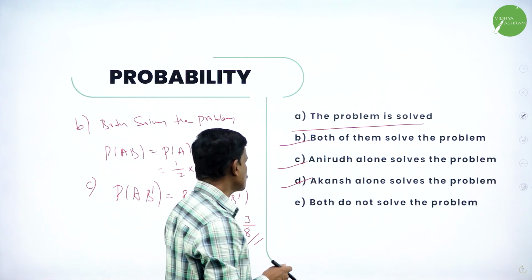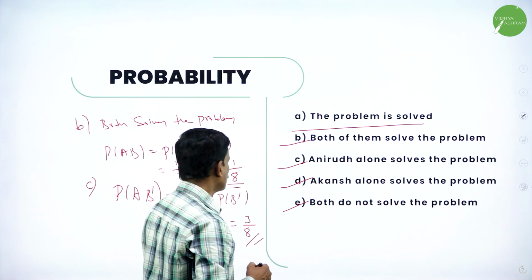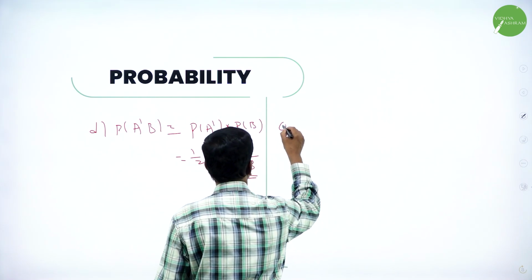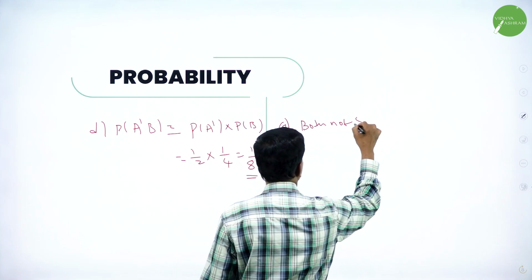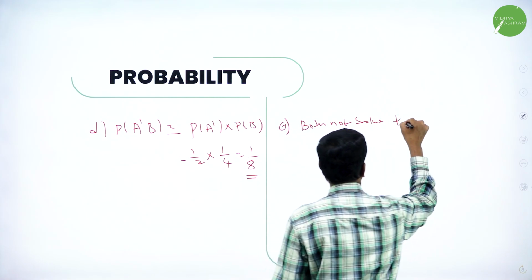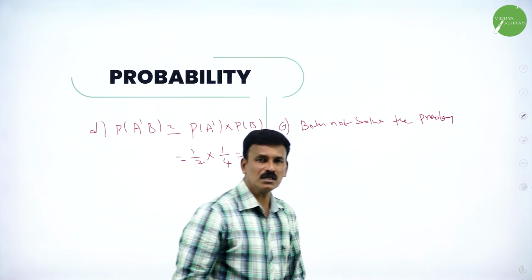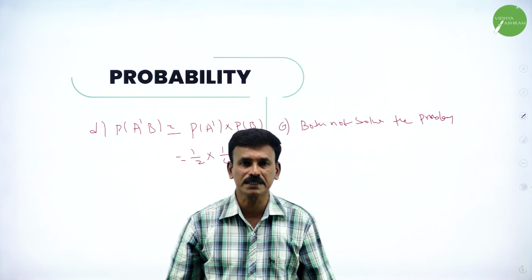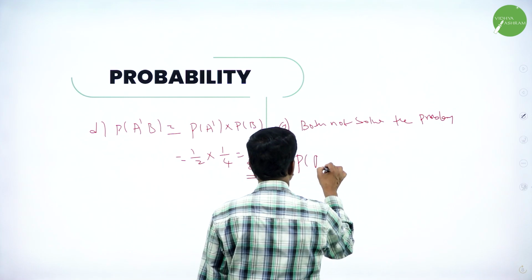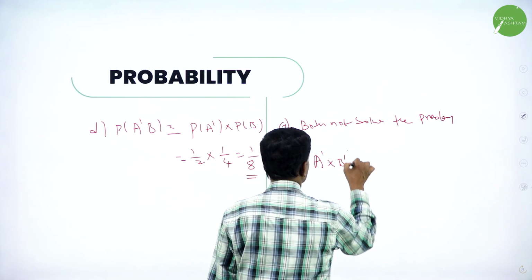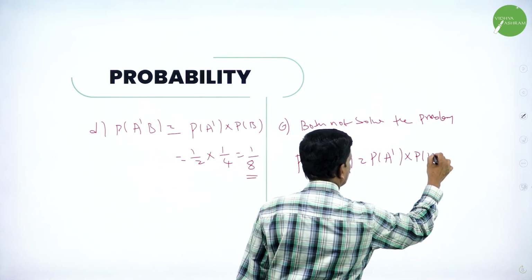Now move on to the last condition, both do not solve the problem. Both of them will not solve the problem, right? Then what is the probability? Now what is the meaning of both will not solve the problem? It means probability of A dash into probability of B dash, that is P of A dash into P of B dash.